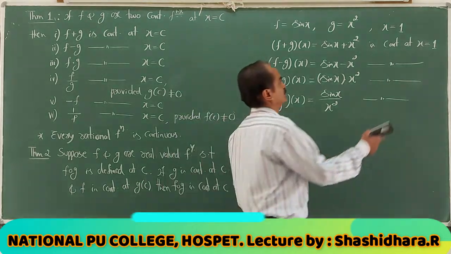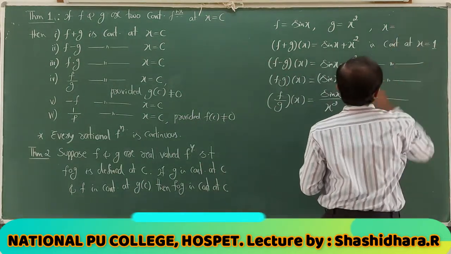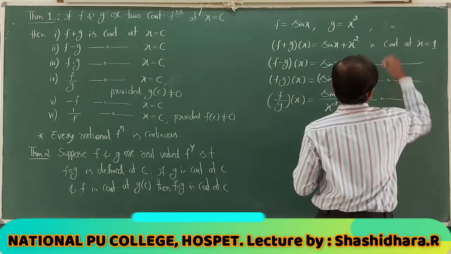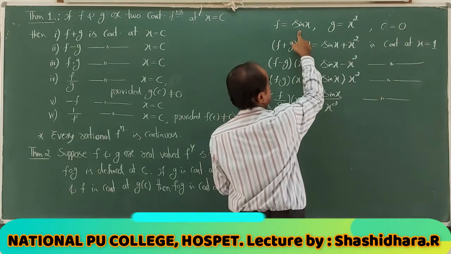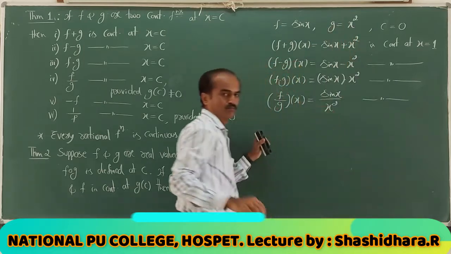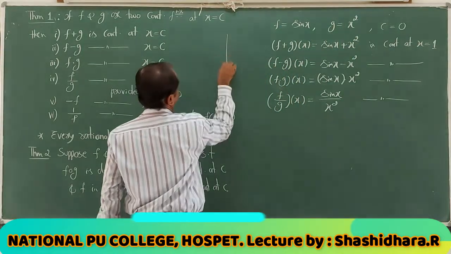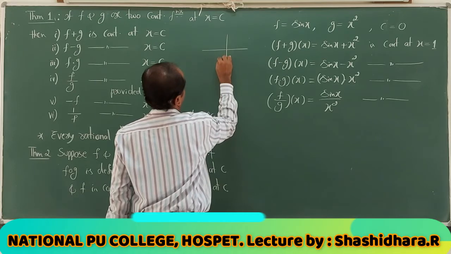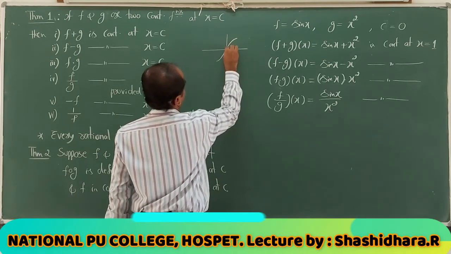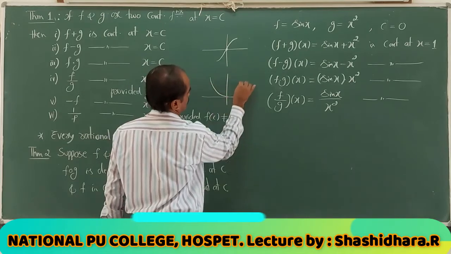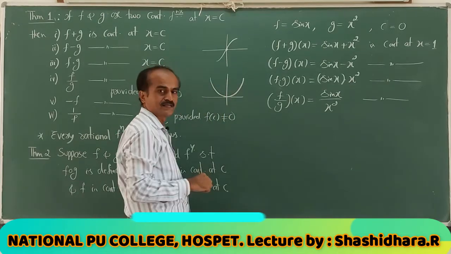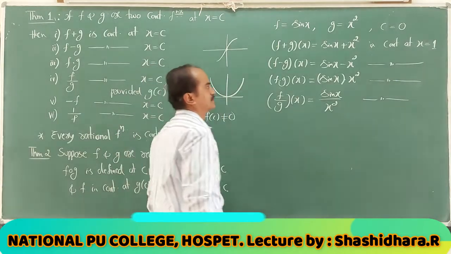Like this, suppose I change the value of c as 0. Clearly sin x and x square both are continuous, because the graph of sin x is continuous at x equal to 0. The graph of x square, yes, it is continuous at x equal to 0, no break in the curve.